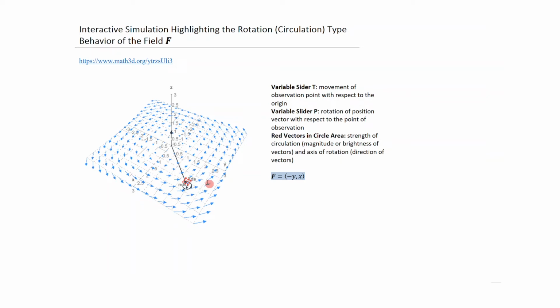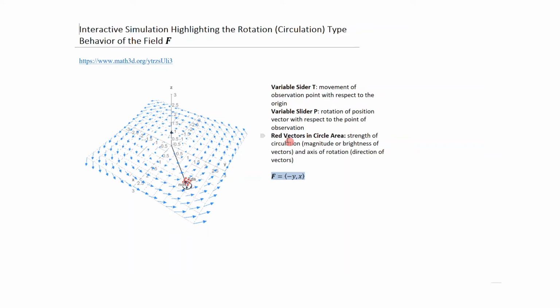And again, similar to what we did for the previous case, we have a position vector that is positioned in such a way that it ends at an observation point. About this observation point, we have this circle, and a position vector which just goes around the circle once completely.